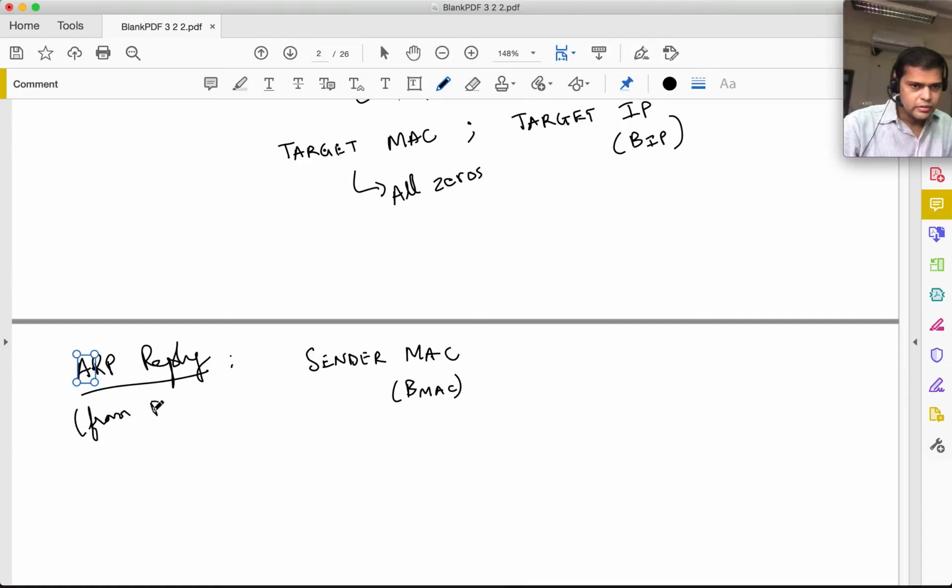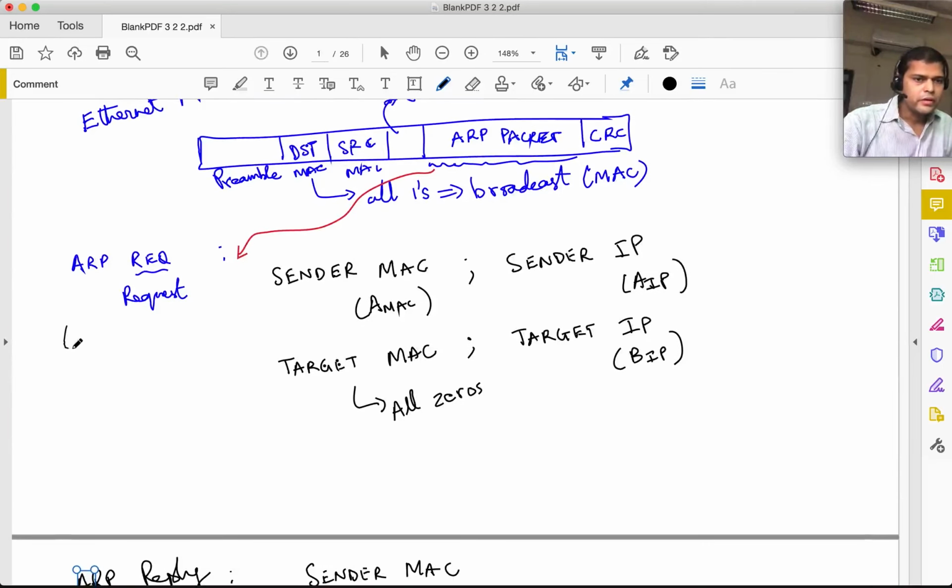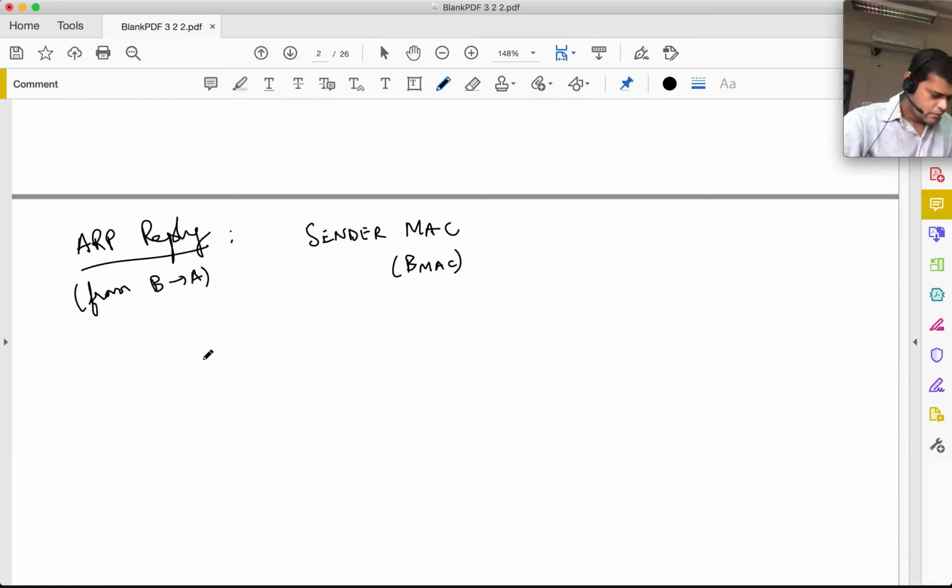This is from B to A. And this request of course is going from A to everybody, but it's of course meant for B. And the sender IP, which is going to be its own IP address, and of course there's the target MAC and the target IP.